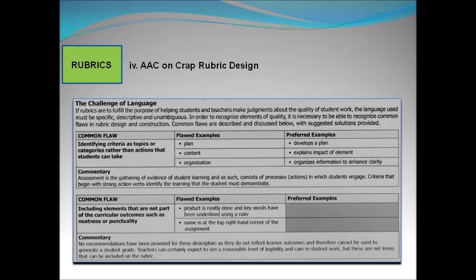Another one, and I talked about this briefly: anything that you include on a rubric as a statement of criteria, make good and sure that you can find evidence for that particular criterion in the program of studies, in the outcomes. So, for instance, even though I totally get why people give a mark for including their name at the top of the page, you're not supposed to do that, because if you look in the program of studies, it doesn't say anywhere that you need to have your name included.